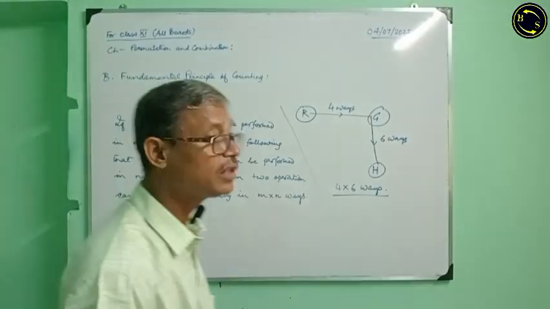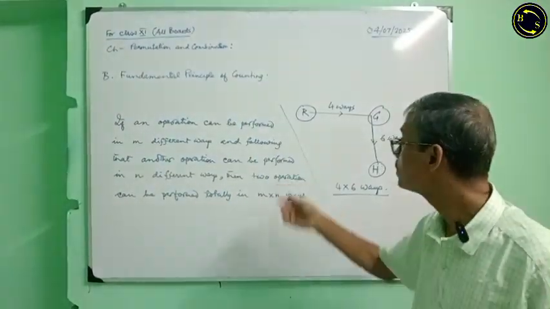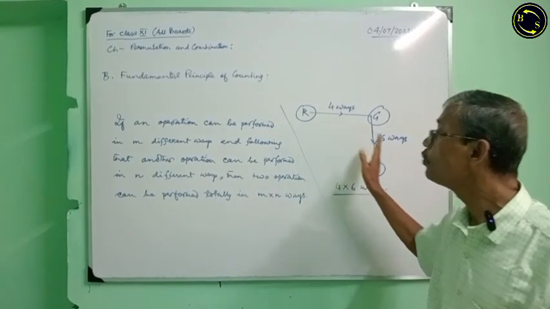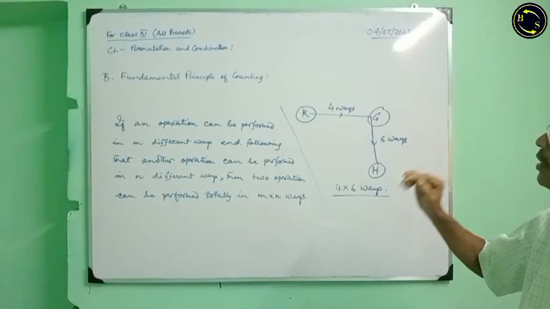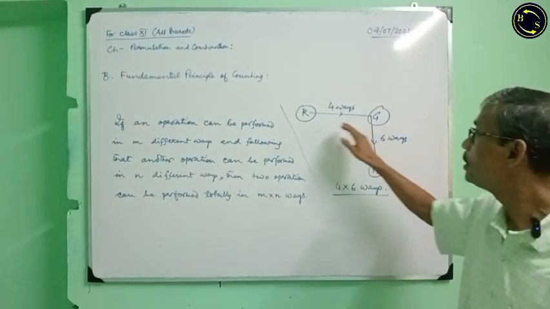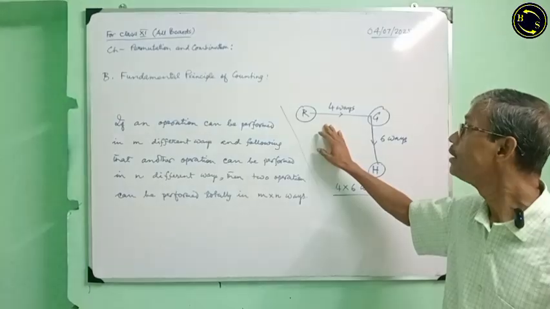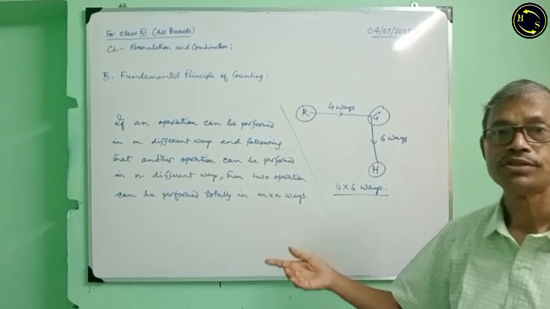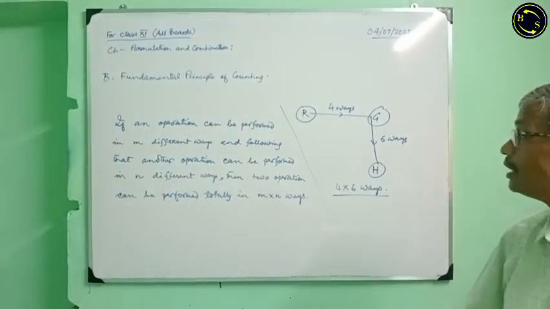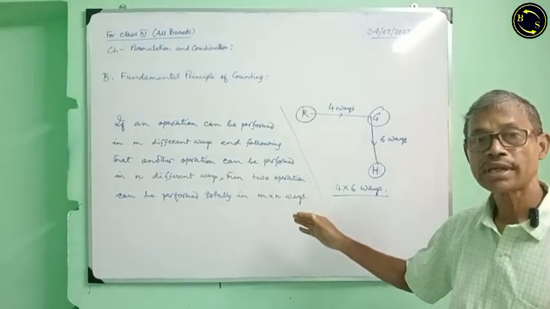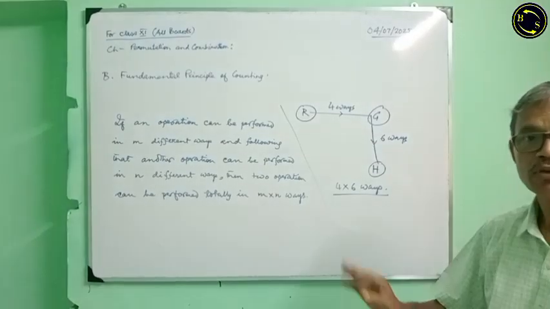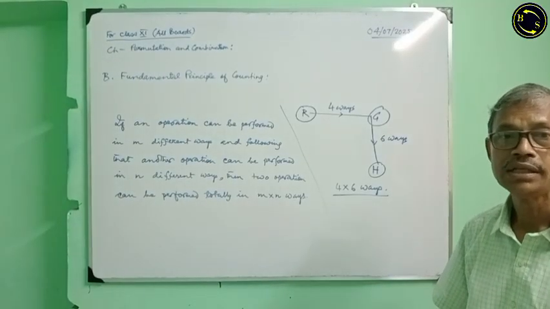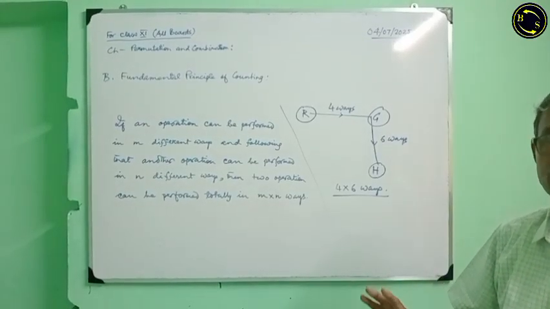Already I have explained the matter with the help of this example. Therefore, say there are two operations. The second one is connected with the first one. Then if the first operation can be performed in m different ways, and following that the other operation can be performed in n different ways, then those two operations can be performed totally in m into n ways.